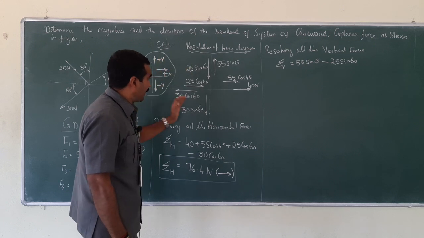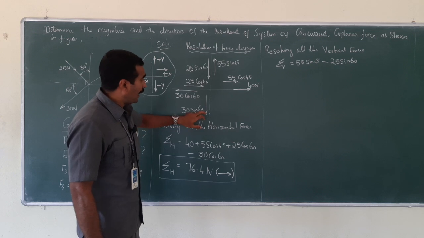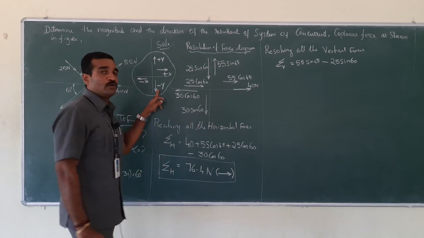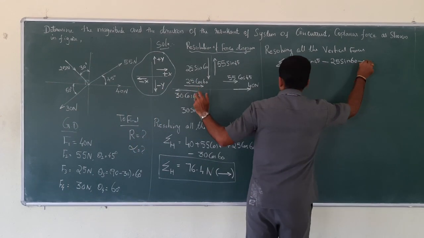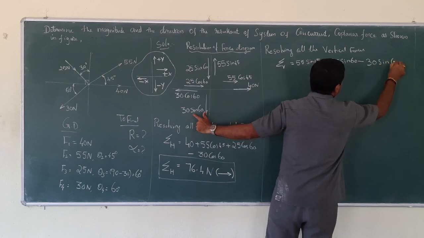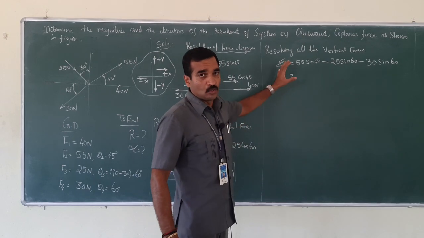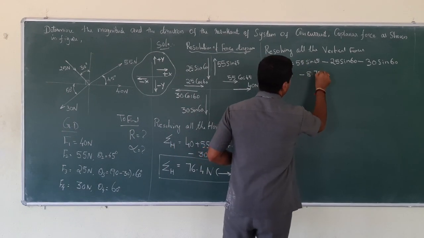Let me just move to the third quadrant, wherein I have a force of 30 sin 60 and the arrow faces vertically downwards. Vertically downwards means it carries negative sign. So minus the magnitude is 30 sin 60. By using calculator, you arrive the value which would be roughly minus 8.74 Newton.